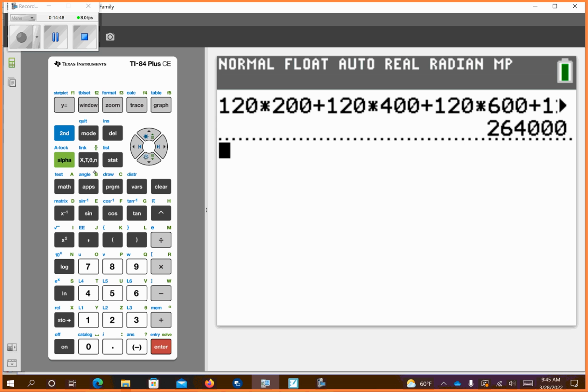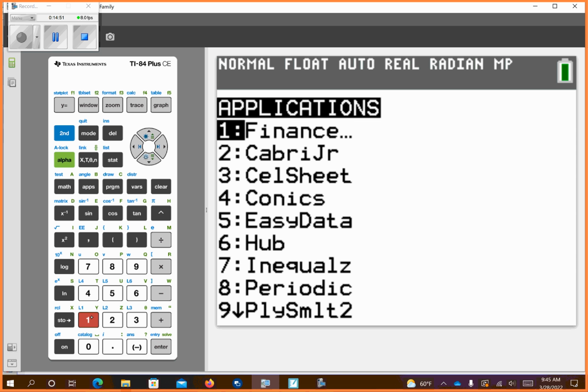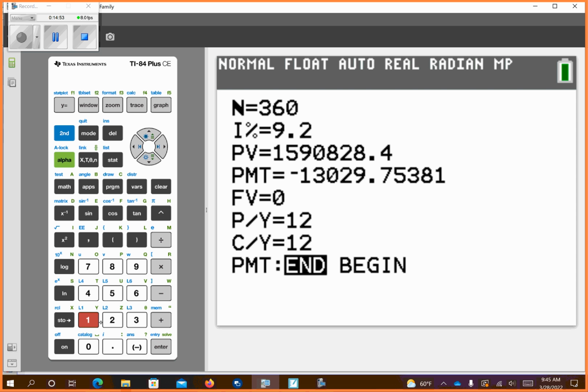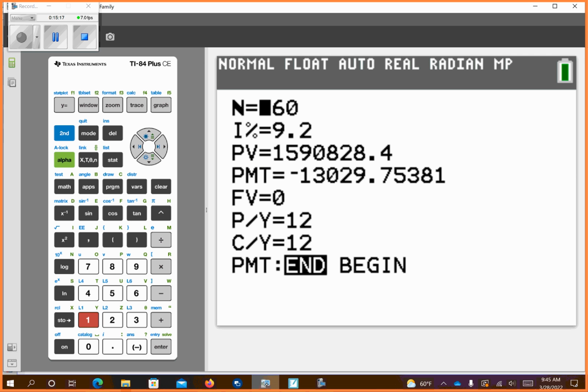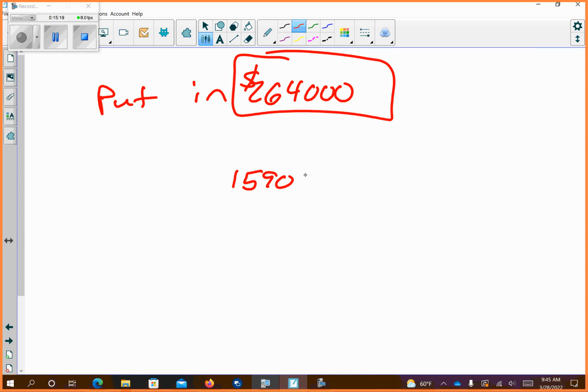We got $1,590,828. This is our net worth.